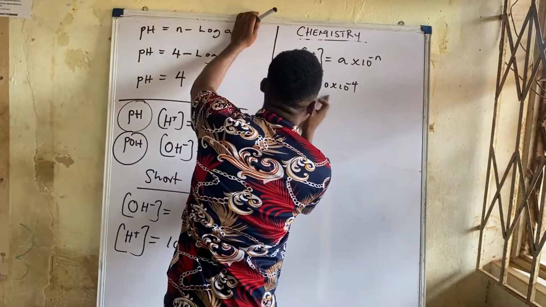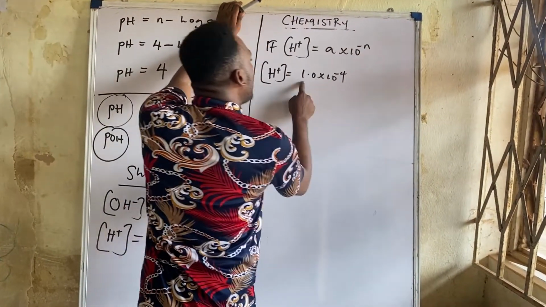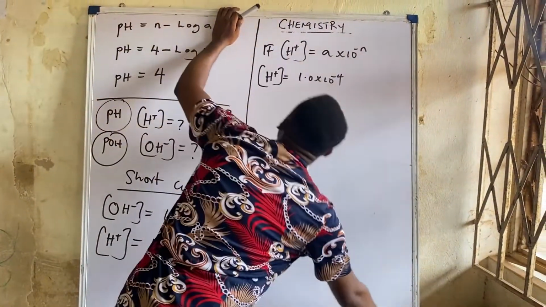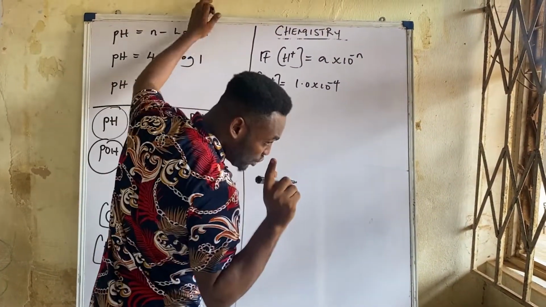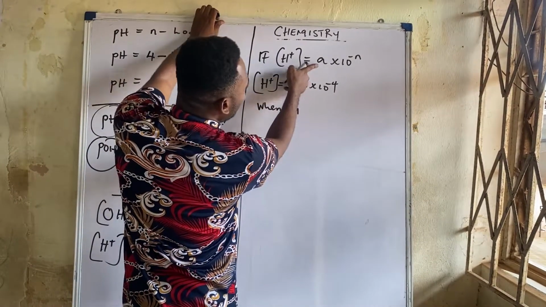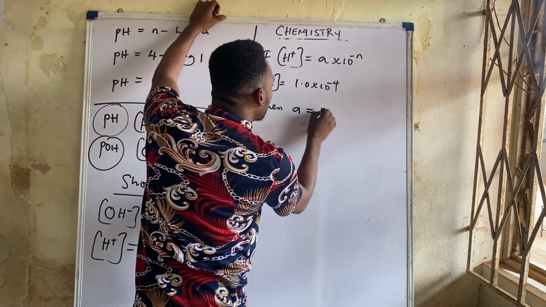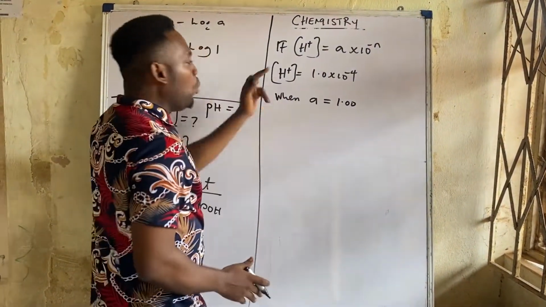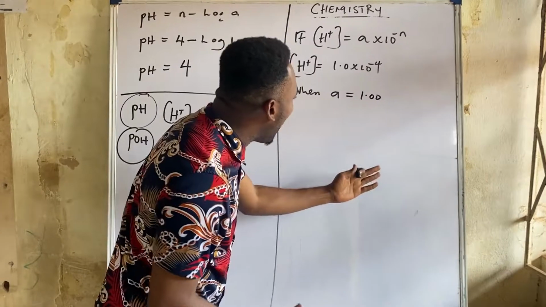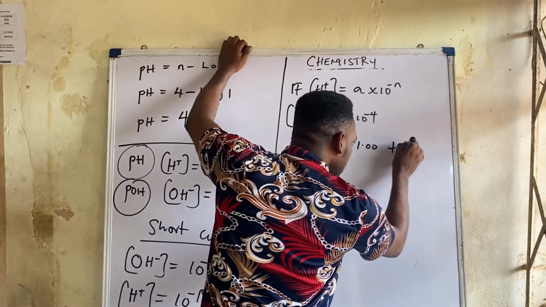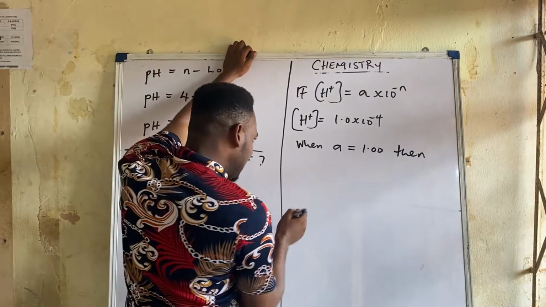When I look at what I'm given as H plus, I have 1.0 times 10 to the power minus 4. Now, look at this condition. When this A you are seeing here is equal to 1.00, meaning that it is exactly 1, you don't need to solve. Then how do you get your pH?